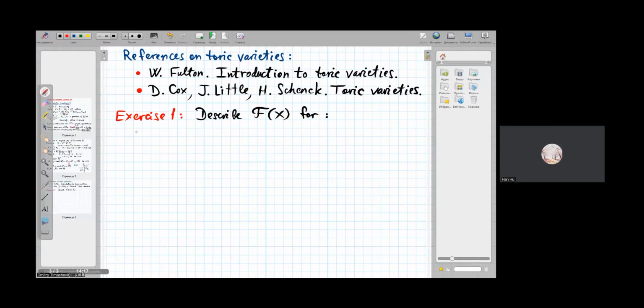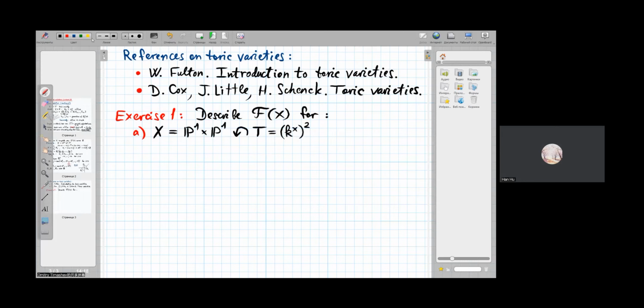The first example will be the product of two projective lines, P1 cross P1, which is a toric variety for the 2-dimensional torus, K cross to the power 2, which acts on P1 cross P1 in the following way.